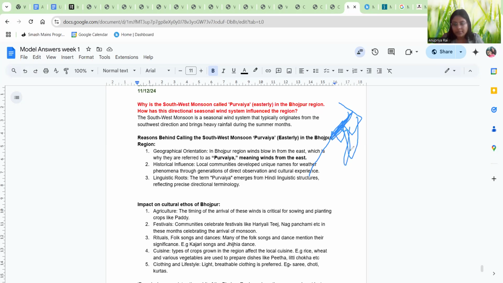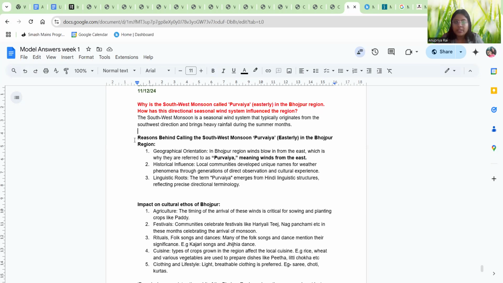Make it bigger. The Bay of Bengal branch hits this mountain system, and then it gets deflected to the Bihar, Bhojpur, Purvanchal region, and here this wind is called Purvaiya wind. This is the diagram which is sine qua non to this question. In any case, you need to draw this diagram if you want to fetch some marks.